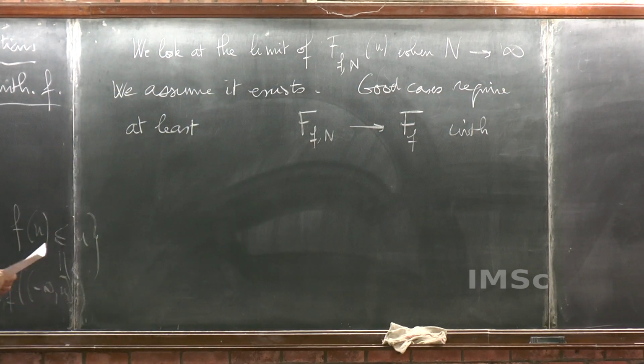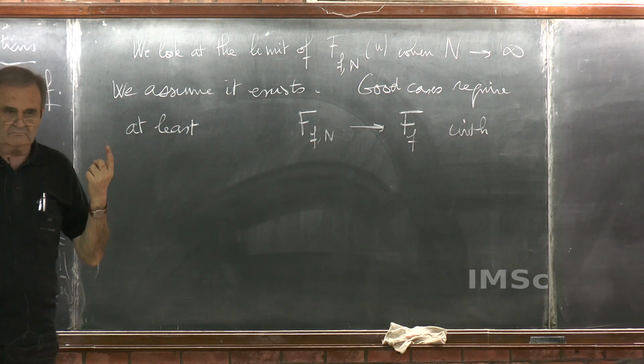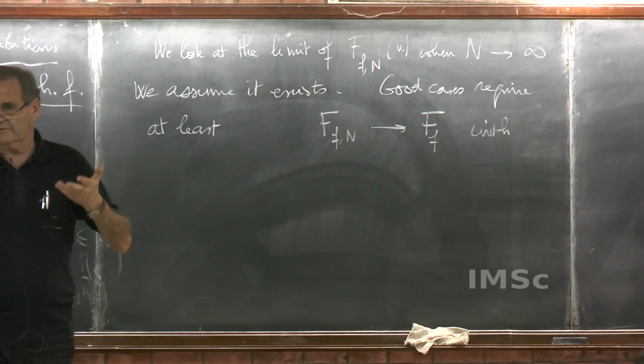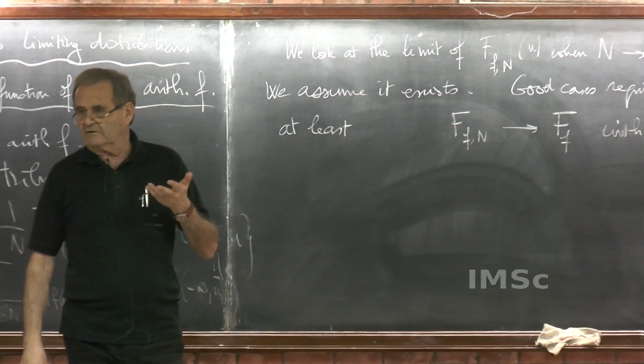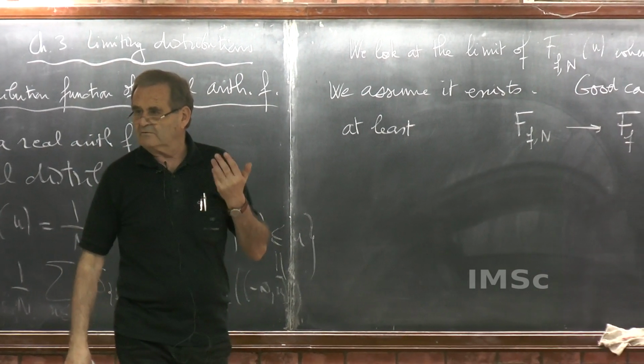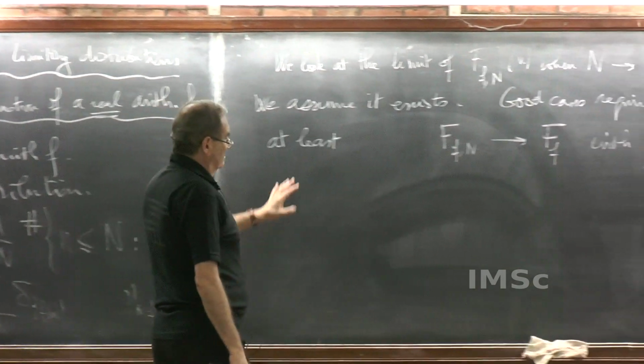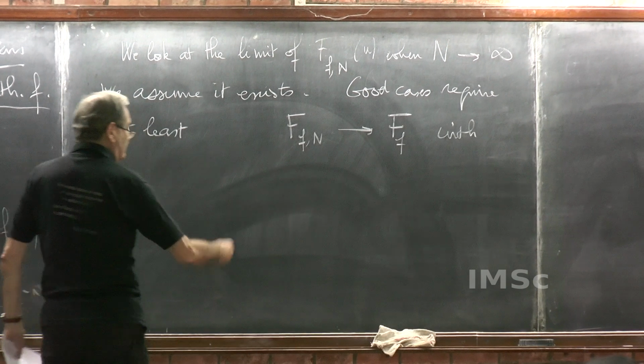So it's clear that the limit F will be something which is non-decreasing. You have pointwise convergence of something which is non-decreasing, so what you get is also non-decreasing. This is okay.